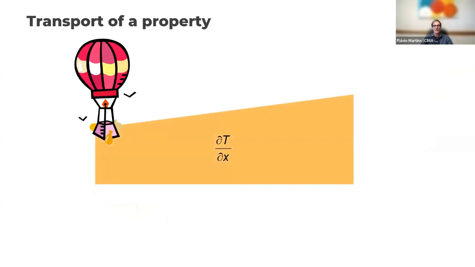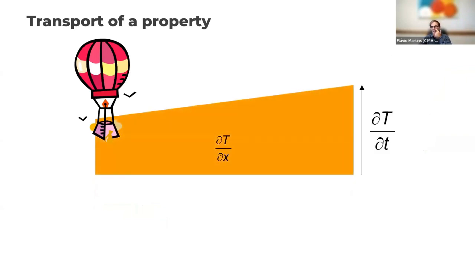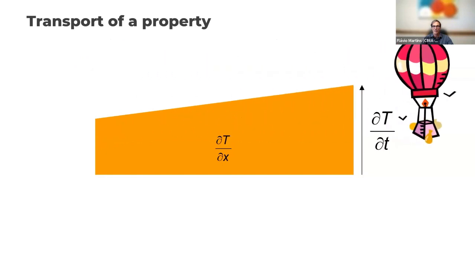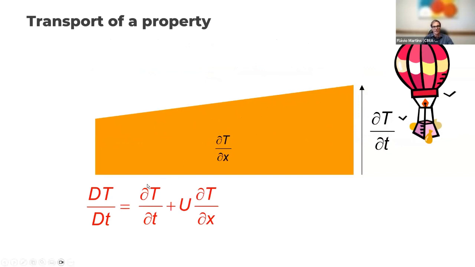Now we can do a third experiment. You have the two situations together. You have an environment that increases temperature in time, but also has a spatial gradient, and the balloon has a certain velocity. Obviously, in this case, you have two terms. You have one term that gives the part of the change the person measures in the balloon.